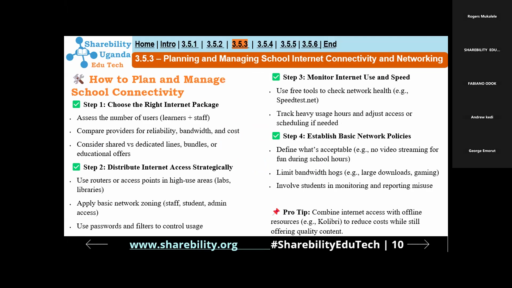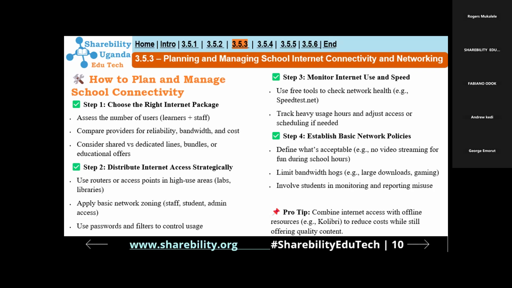So make sure that you also combine internet access with offline resources like Colibri, so that learners don't necessarily have to be on the internet all the time. You can set up Colibri, you can set up other digital libraries so that learners are still accessing good content when they are not on the internet.